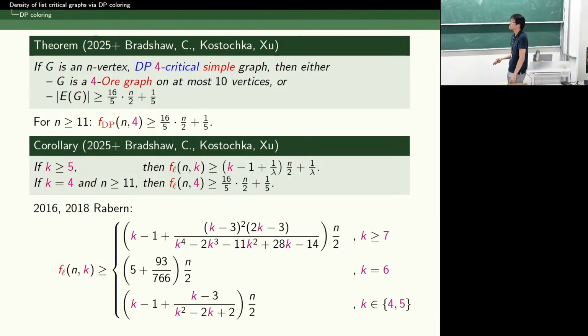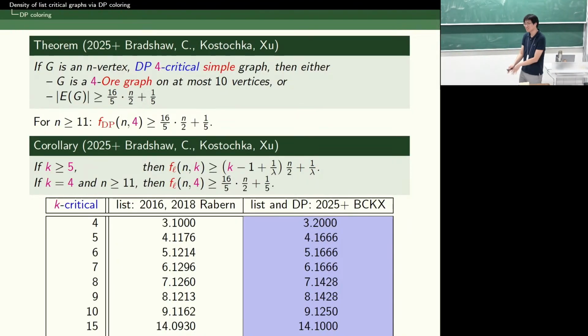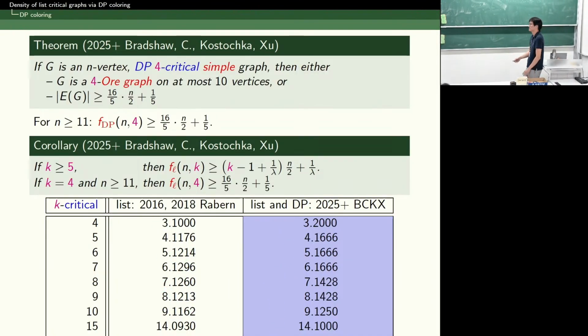If you compare these numbers to Rayburn's result, remember I was saying our numbers were 2 over k, and this was also 2 over k, but our 2 over k is better because of the constant. So we slightly improve Rayburn's result. For the ease of the reader, we plugged in numbers and showed our bounds are bigger than Rayburn's numbers.